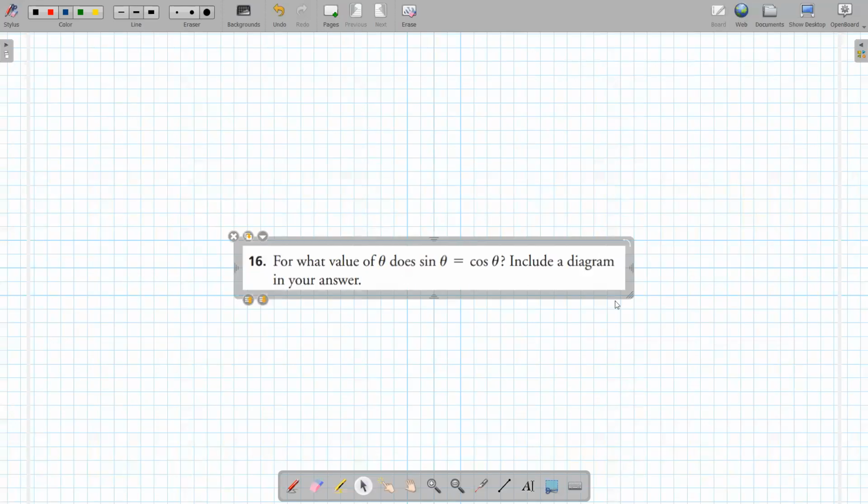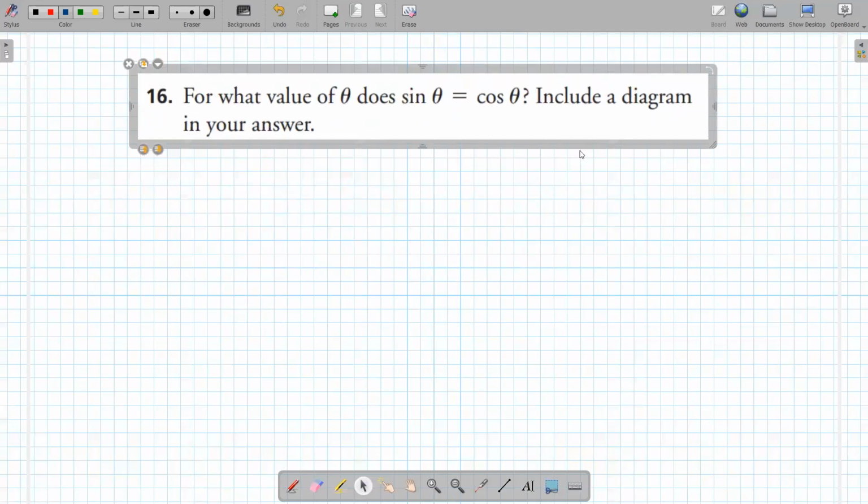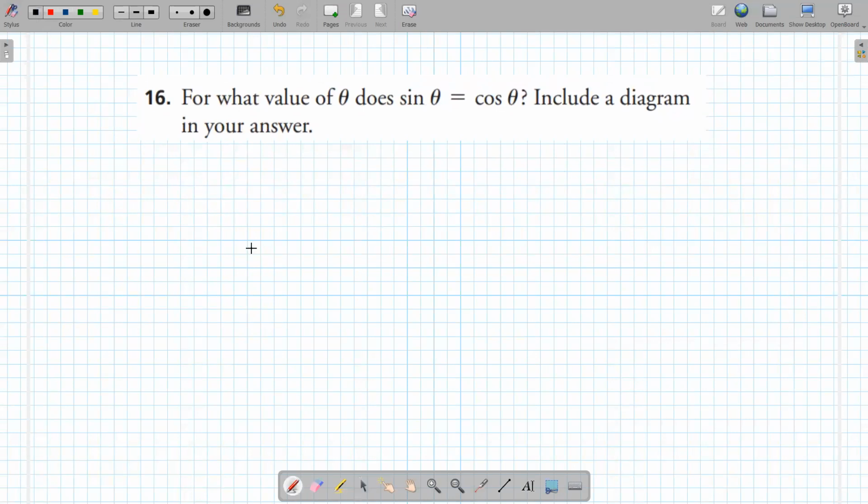This one is slightly complicated. So let's say there is a triangle, right angle triangle. Theta is here, with opposite, adjacent, and hypotenuse.